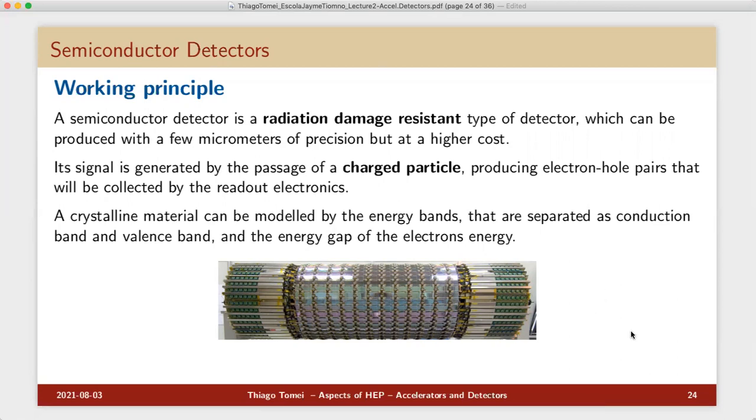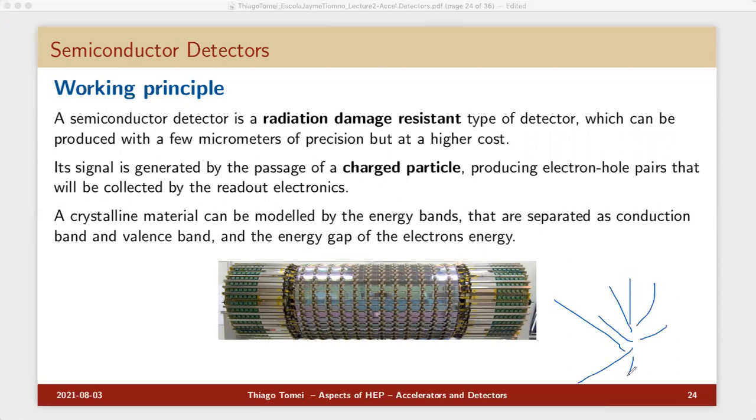Because remember, when you are doing a particle collision, lots of particles come out. And these particles are in a very real sense radiation. So sure, your detector is here trying to detect them, but the detector is being hit by these hadron particles and eventually may degrade.